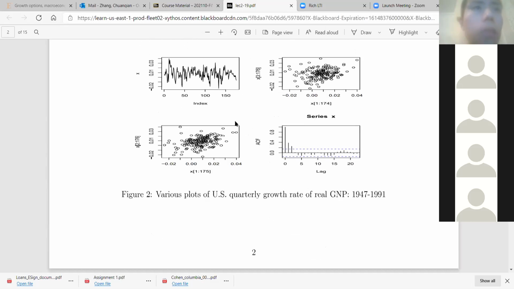Okay, so these figures, last class we also examined in R Studio, right? The first one examines what the raw time series data looks like. Sometimes you can use your naked eyes to see if it is stationary or not. This one uses 2 to 176 against 1 to 175, so it is 1 day lagged.